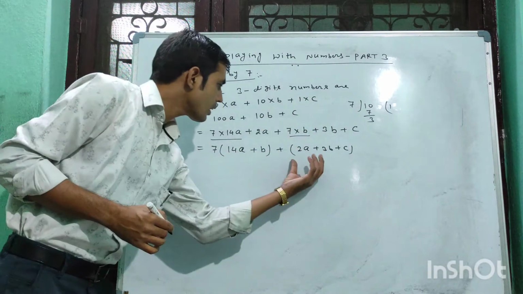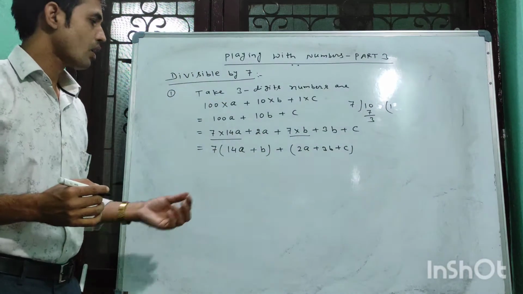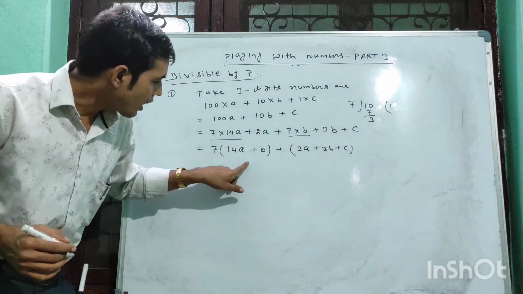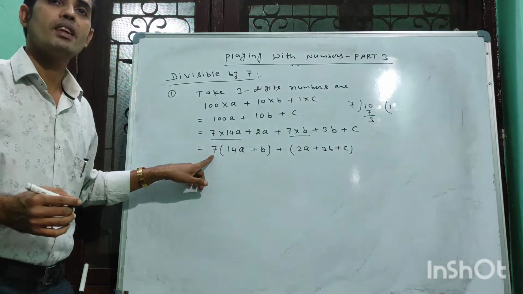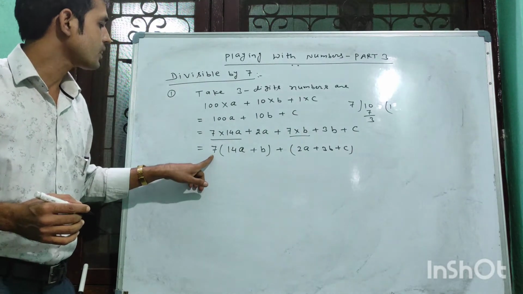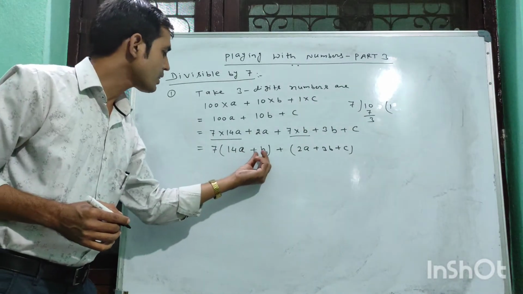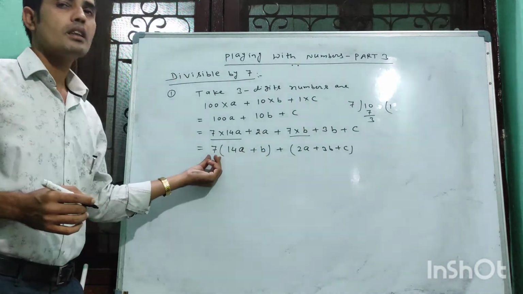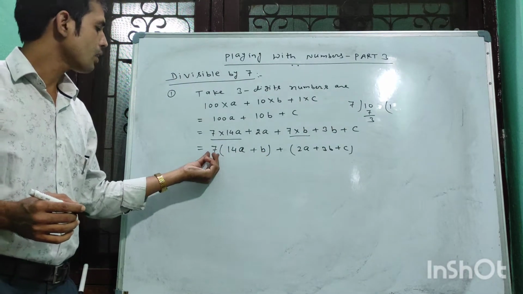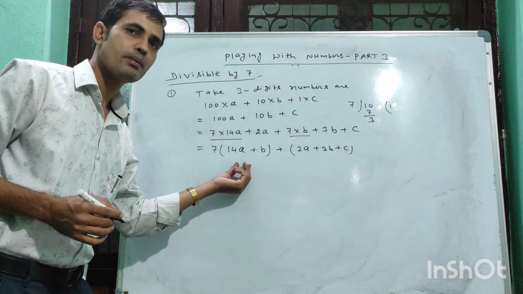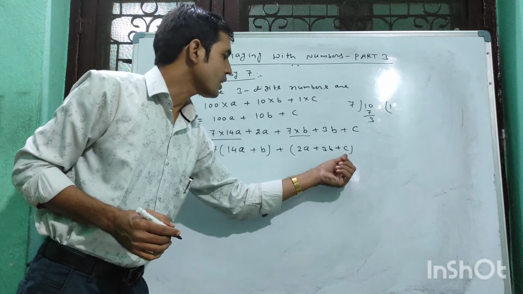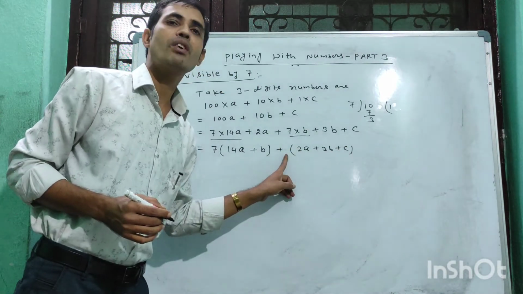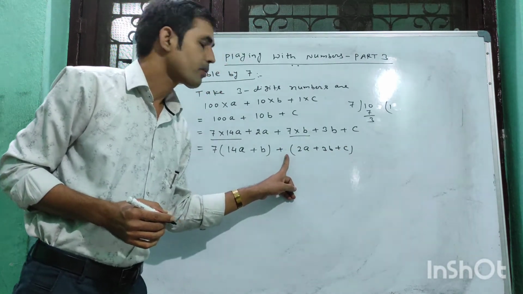In this equation, what we are observing is that this term is a multiple of 7. It means we can say that 14A plus B is divisible by 7 because it is a product of 7. But for 2A plus 3B plus C, there is no common 7.